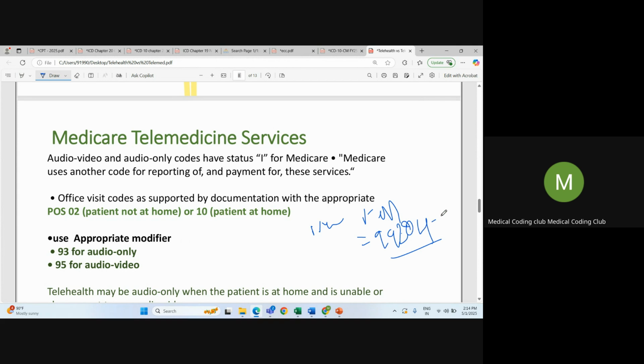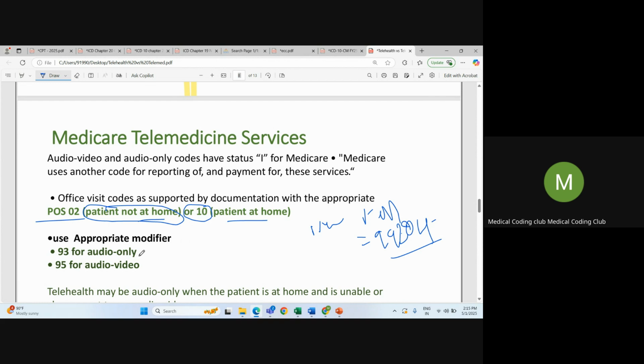And with this 99204, you are going to utilize the 93 or 95 modifier. Also you have to utilize the POS, saying the patient was at home or not at home. So POS 02 is patient not at home, patient at home, POS 10. These two POS we have, and we will be utilizing them.